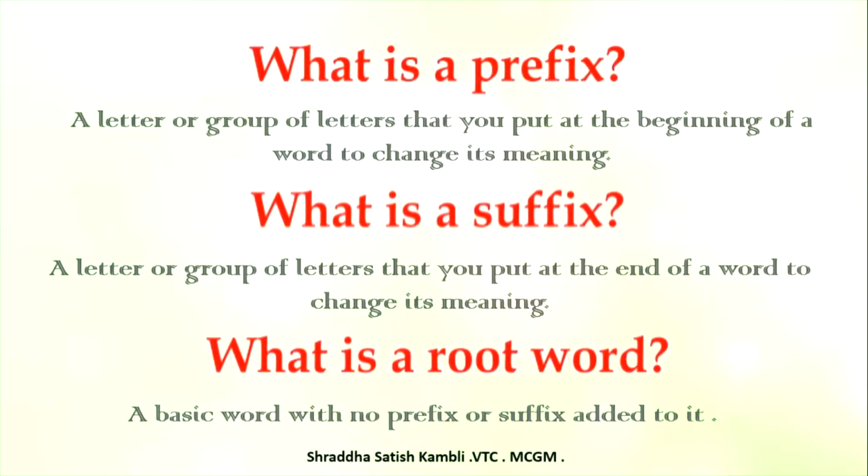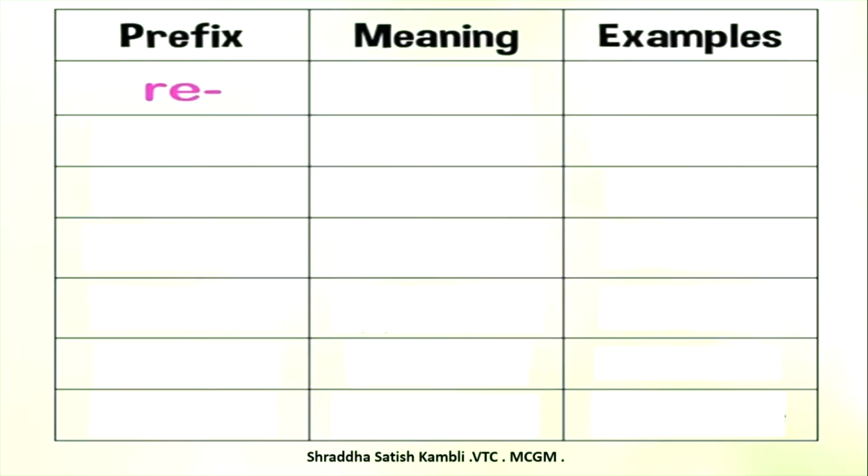Having this information with us, now let us move on and take one at a time and examine it. So what is a prefix? We will see various examples and try to see the meaning of these examples also. So re is a prefix. That is, it will be added before the root word.